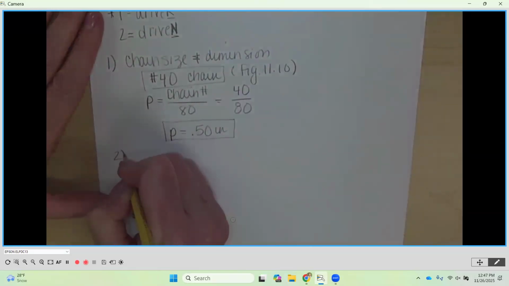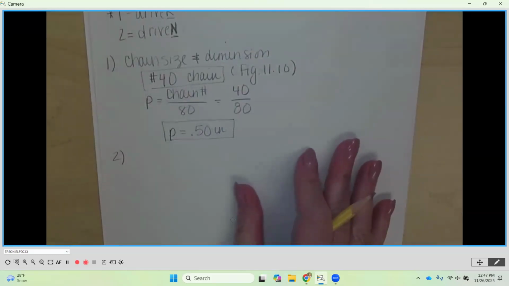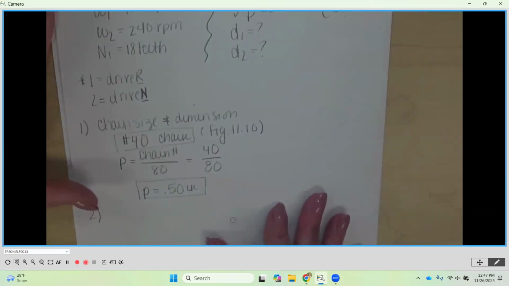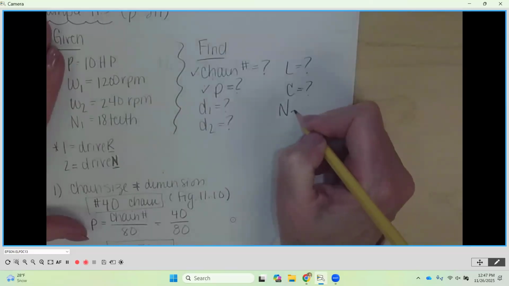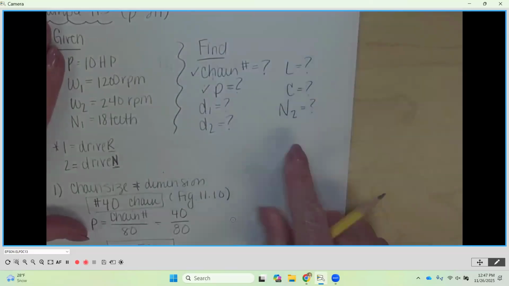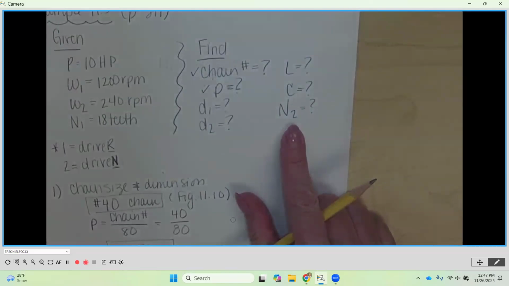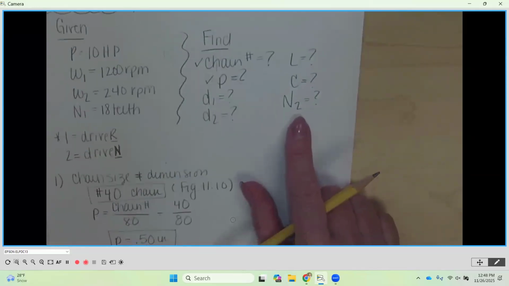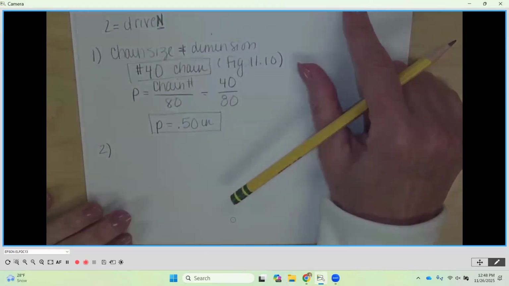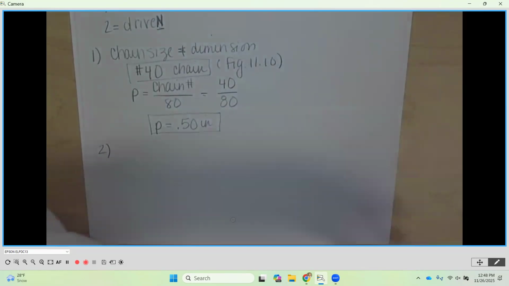The next thing we are going to do is determine the number of teeth on our driven sprocket. We know the number of teeth on our driver, it's 18, but we've got to find the number of teeth on our driven. To do that, we are going to use the velocity ratio.